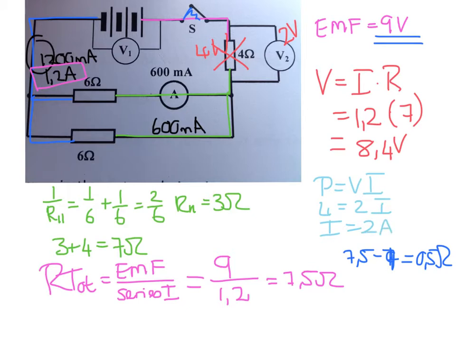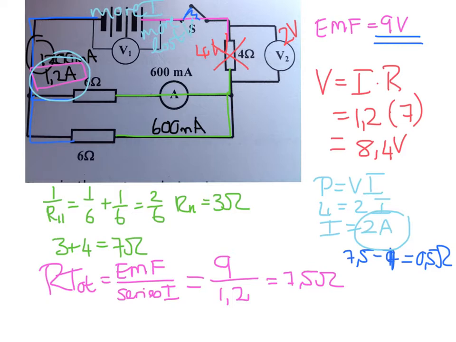Explain why the reading on voltmeter 1 is going to decrease when that 4 ohm resistor is replaced by a 4 watt bulb. Let's look what's happened to the current. 1,2 amps has changed into 2 amps. That means more current is trying to go through the battery. When more current is going through the battery, there will be more lost volts.